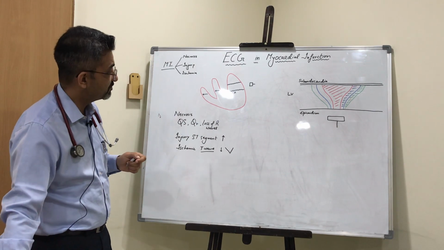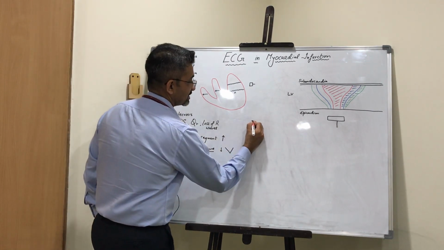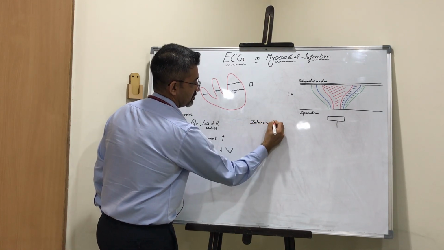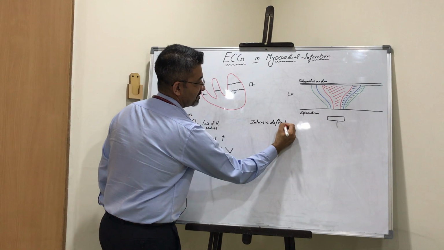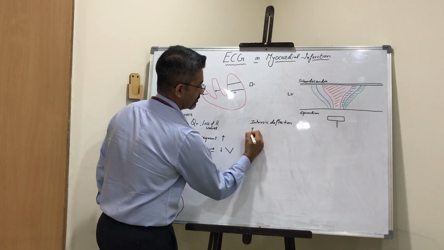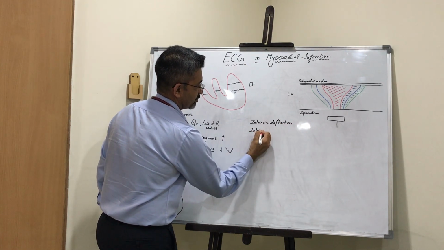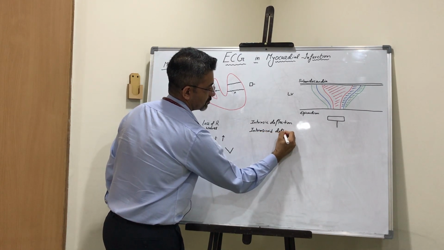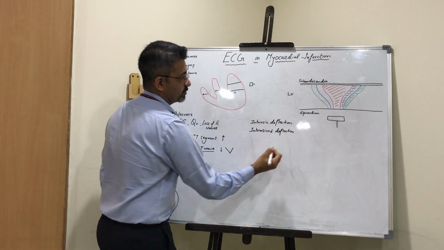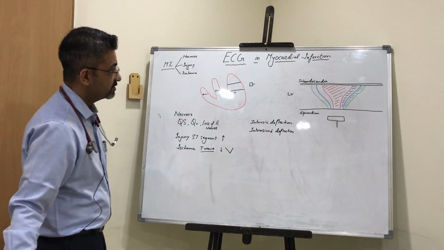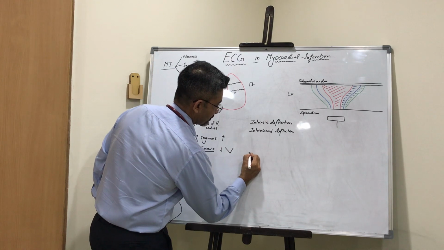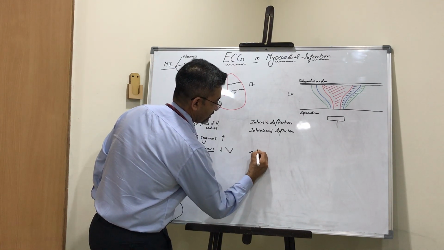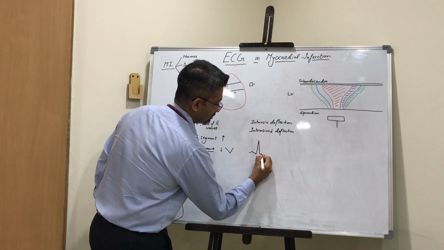One concept which is very important to understand is what is known as intrinsic deflection and what is known as intrinsicoid deflection. Whenever we see a QRS, suppose this is a P wave, QRS, T.